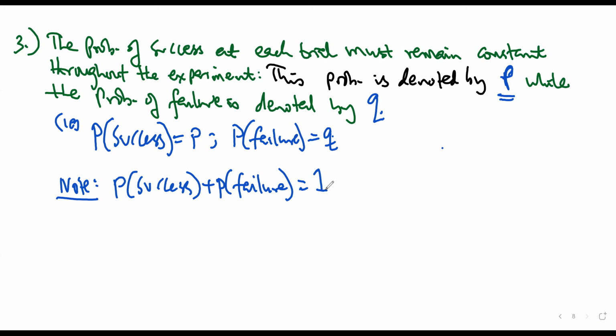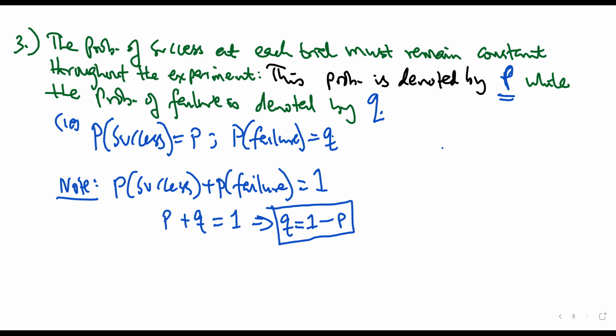That is the same as saying P plus Q equals 1. This also means that if you know P, then you can get Q using this expression. If you know P, then Q is easy to know.